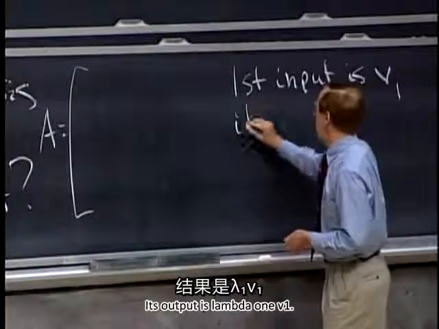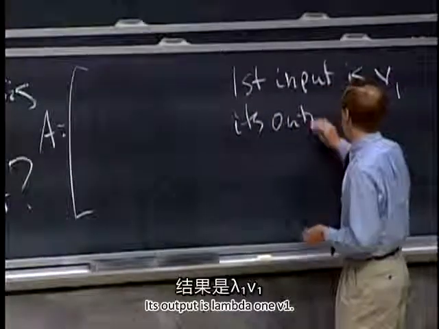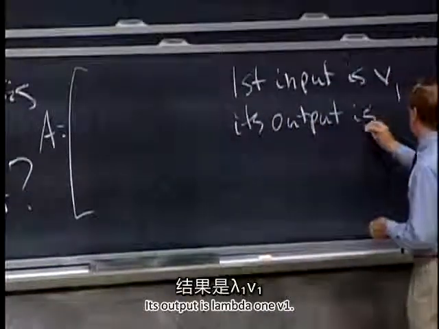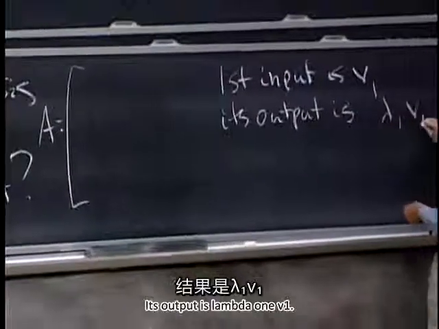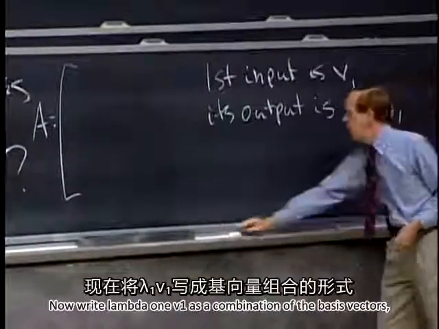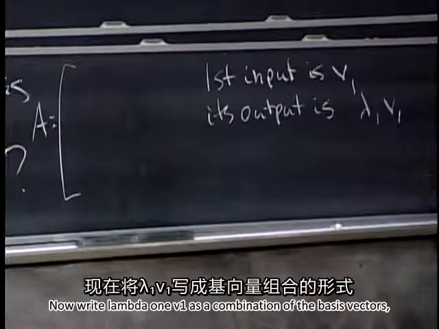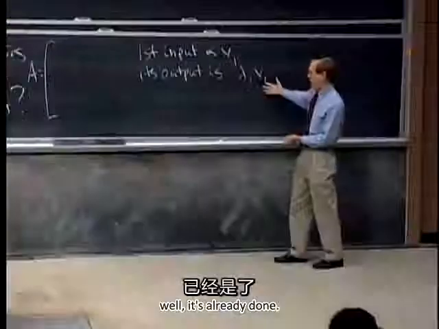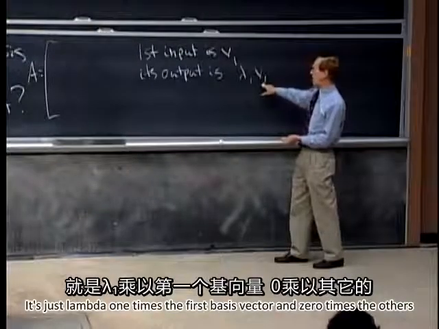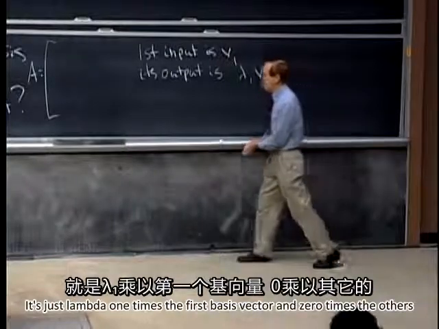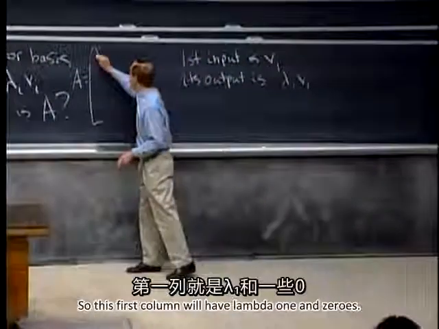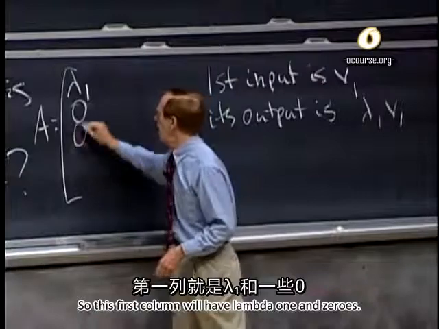Its output is lambda 1 V1. Now write lambda 1 V1 as a combination of the basis vectors. Well, it's already done. It's just lambda 1 times the first basis vector and 0 times the others. So this first column will have lambda 1 and zeros.